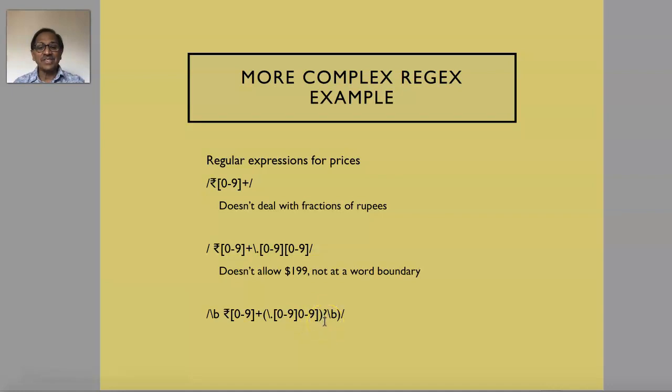Question mark is 0 or 1, optional. So that means this character, this whatever we are representing for paise is optional, and then is a boundary. So this regular expression will match not only with just rupees but also rupees and paise together, right? So this is your regular expression to find out rupee with paise.